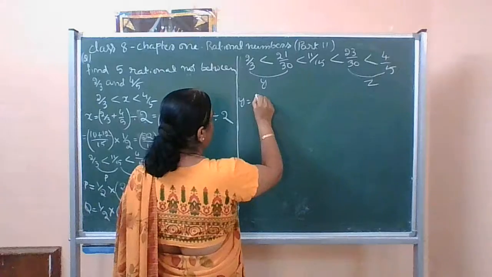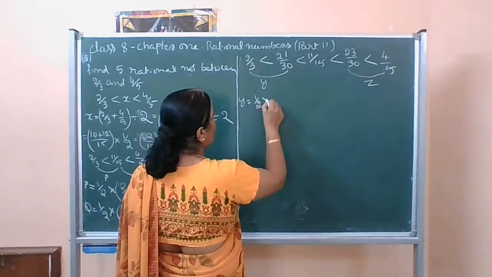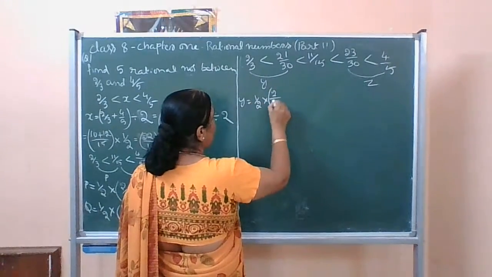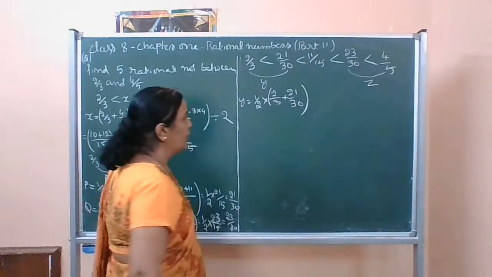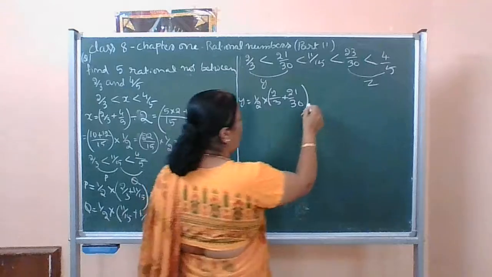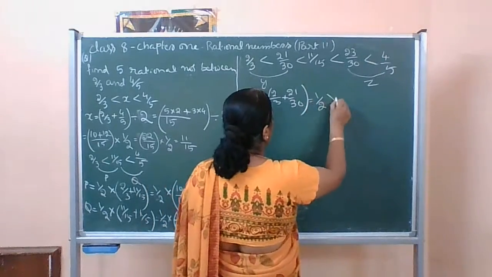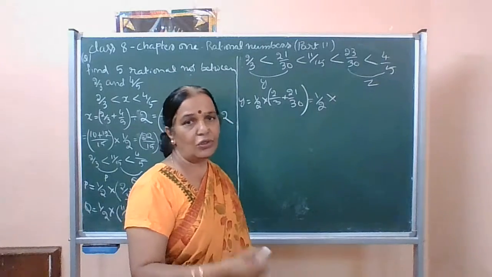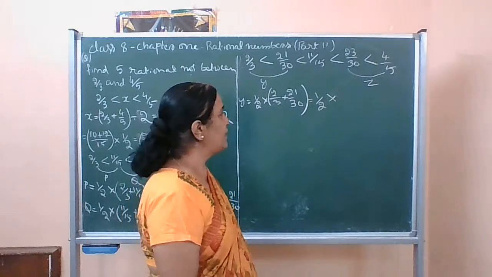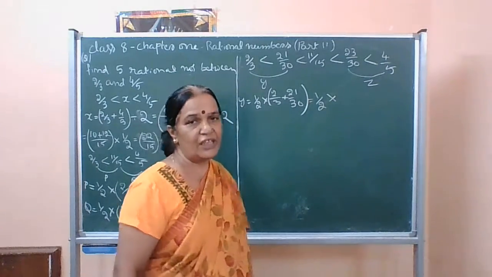Now here Y is equal to, you have to add these two and divide it by 2. That is half into 2 by 3 plus 21 by 30. That is half into 3 and 30. LCM is 30. You should know how to do LCM orally, because you are in 8th standard.